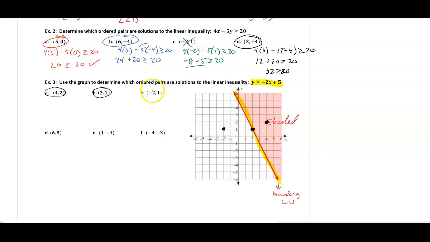That's not inside the shaded region, so it's not a solution. 6, 5. Right away, if I look at that, it's in the shaded region, so it's a solution. 1, -4. It's not on the line, it's not in the shaded region, not a solution. -4, -3, same thing. Not on the line, not in the shaded region. Therefore, it's not a solution.